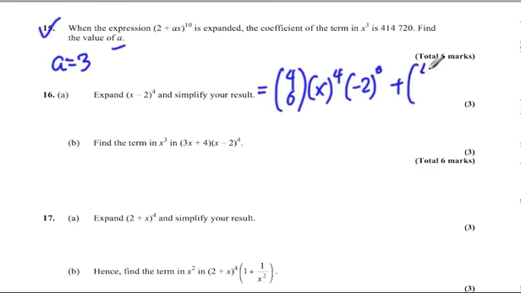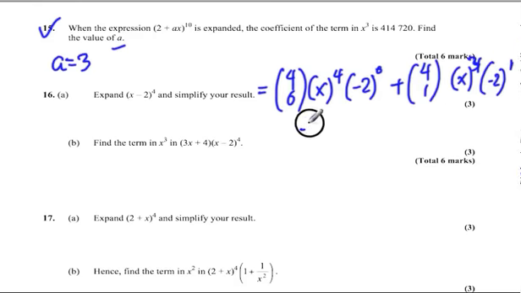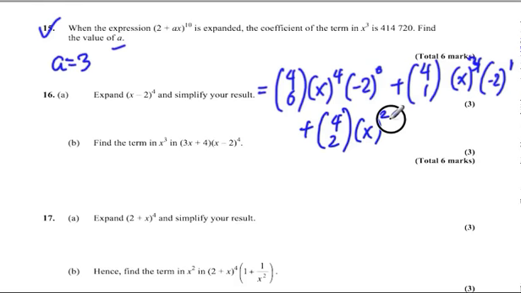The second term is 4 choose 1, x to the power of 3, and negative 2 to the power of 1, plus 4 choose 2, x squared, remember the powers are decreasing, whereas the second term is increasing, negative 2 to the power of 2, plus 4 choose 3, x to the power of 1, and negative 2 to the power of 3.